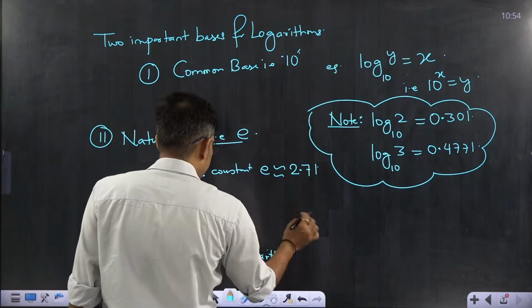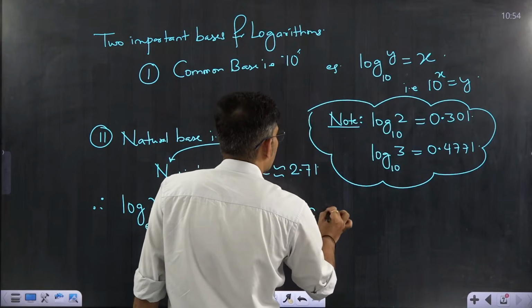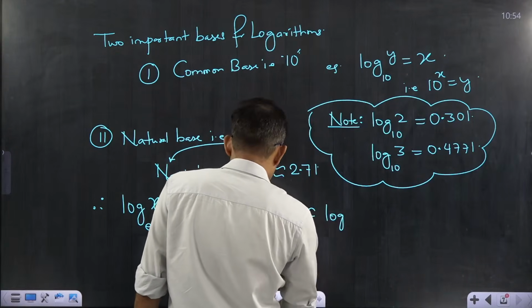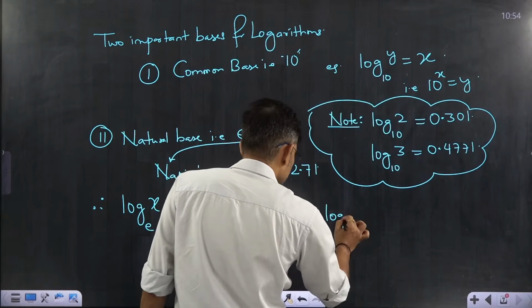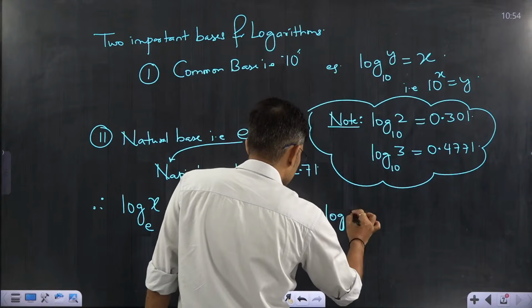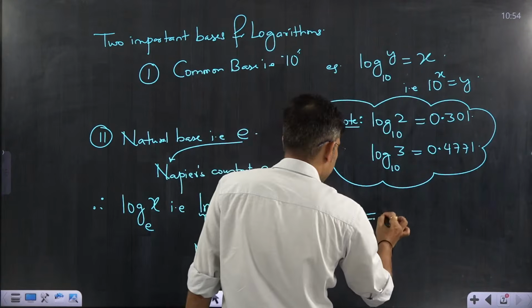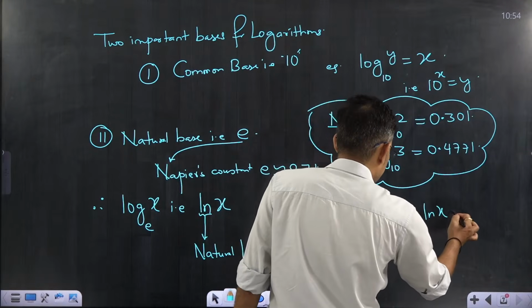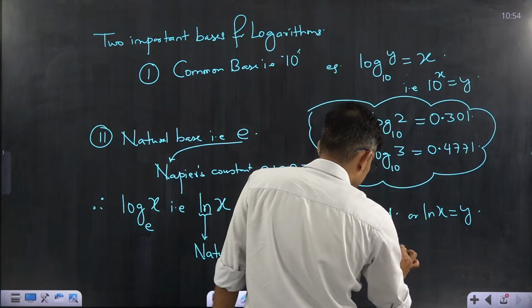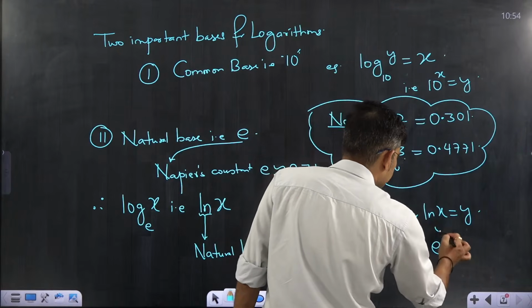So if I write log x to the base e as y, or ln x equals y, this means x is equal to e to the power y.